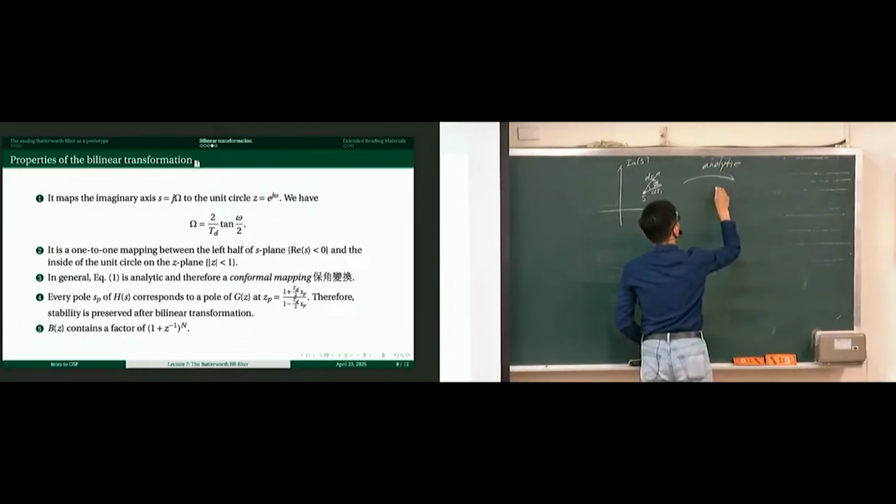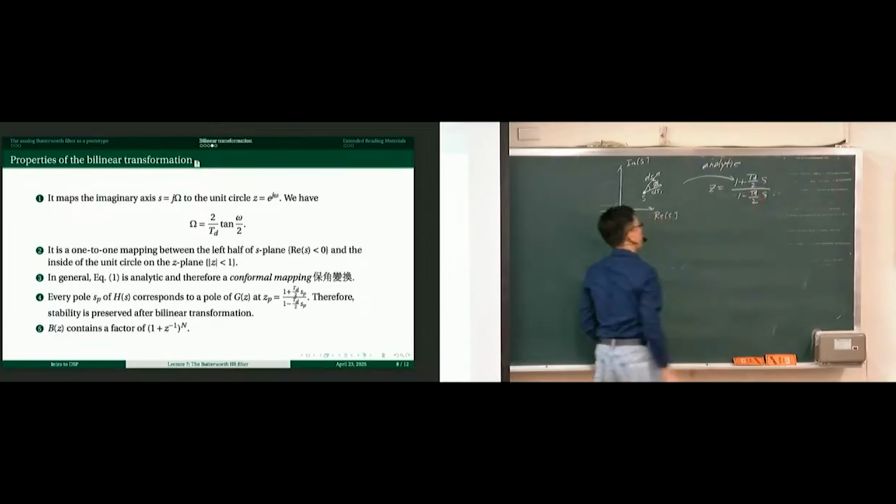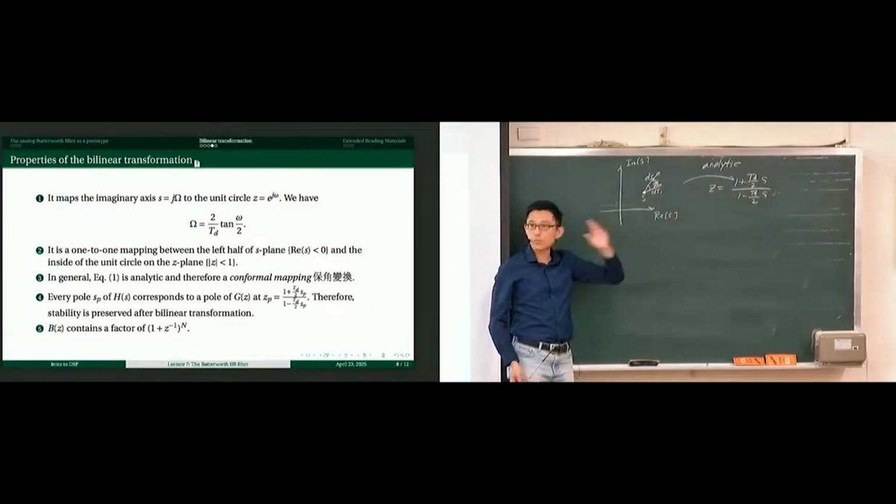So now we have an analytic mapping, which is z equals (1 + Td/2) divided by (1 - Td/2) multiplied by s. This is an analytic function defined on S. So we said that this transformation, now going to the z domain, should preserve the angle phi.